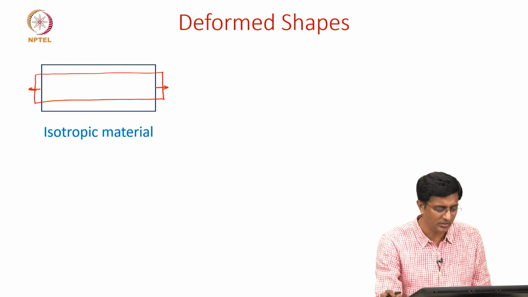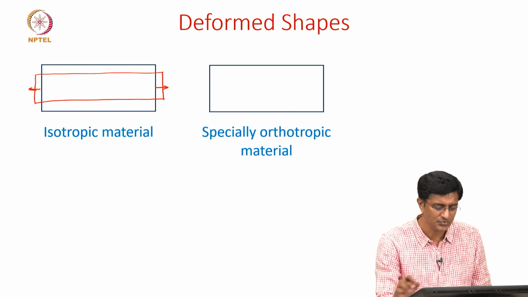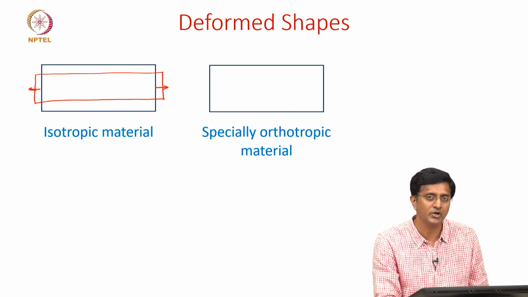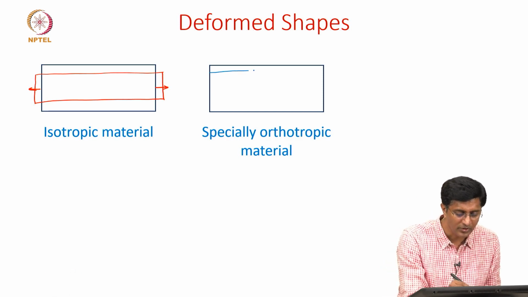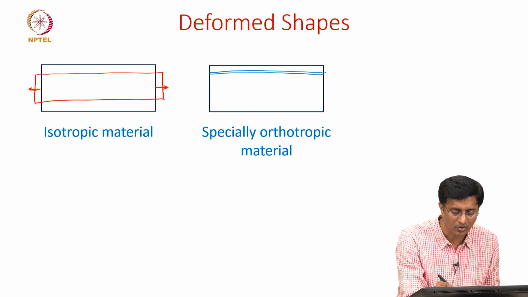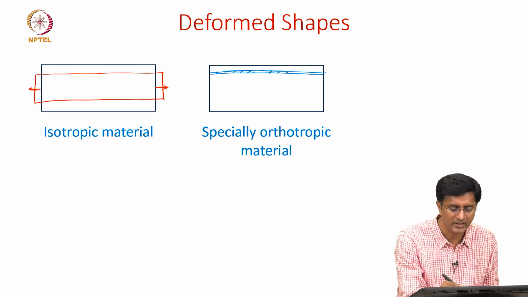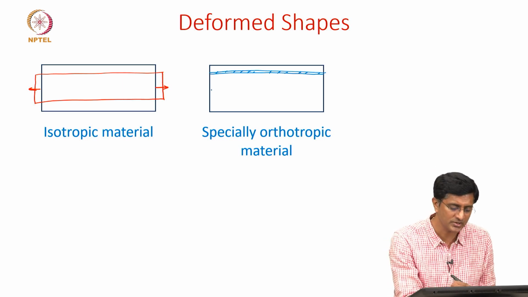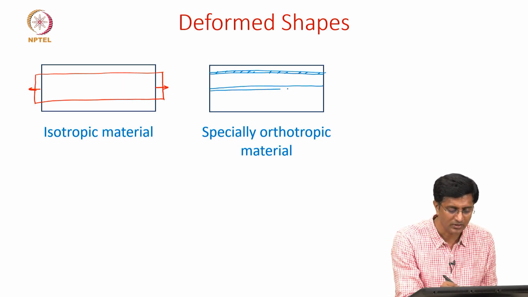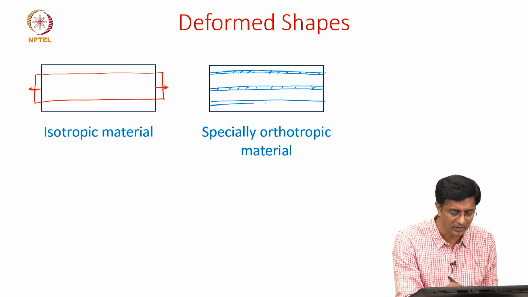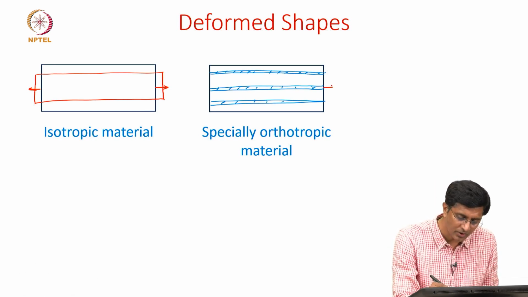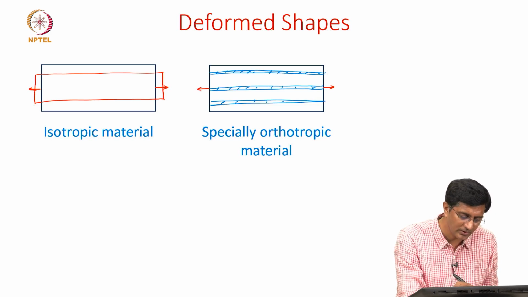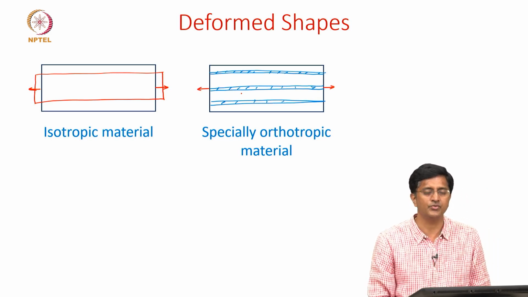But let's say we apply the same kind of loads to a specially orthotropic material. We have earlier defined what an orthotropic material is. We said that the coordinates chosen are in the directions of the principal directions. What are principal directions? Where we have unidirectional fibers, aligned properly and then loaded. So now if I am loading this along the fibers, how will this deform?